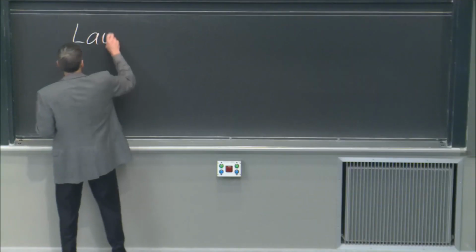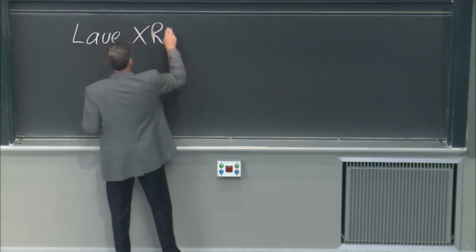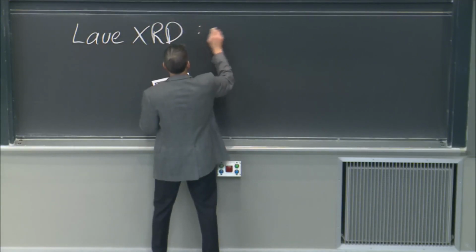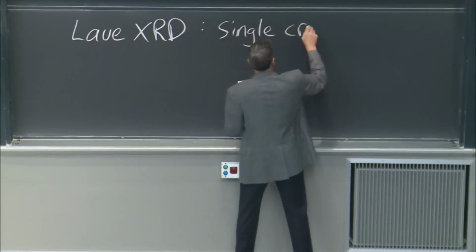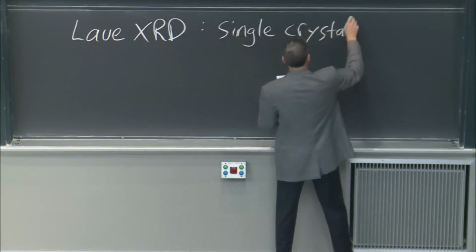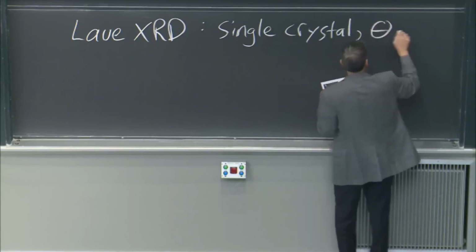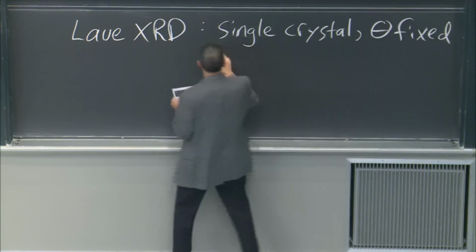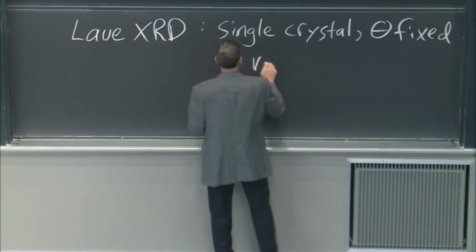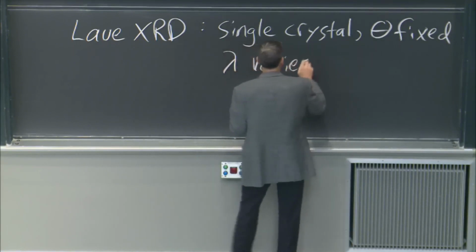So in Laue XRD, you have a single crystal. It's got to be the same everywhere in this case. Theta is fixed. You don't move it around, but lambda varies continuously.